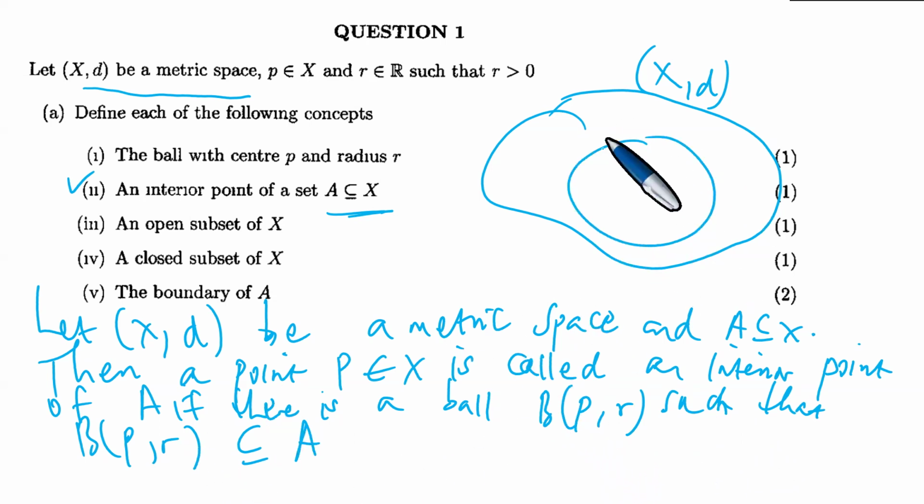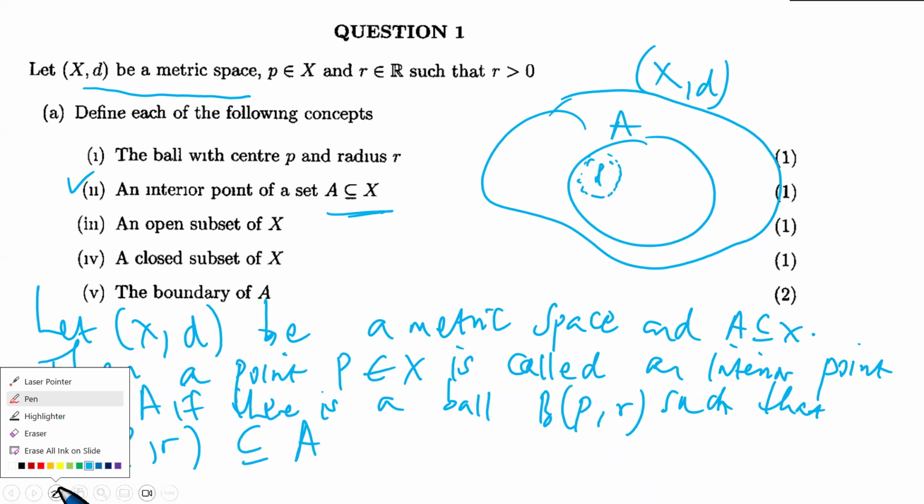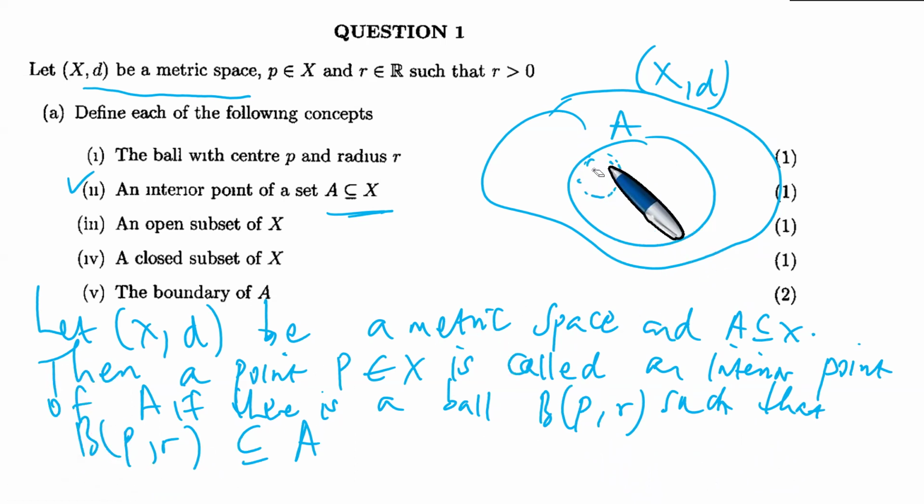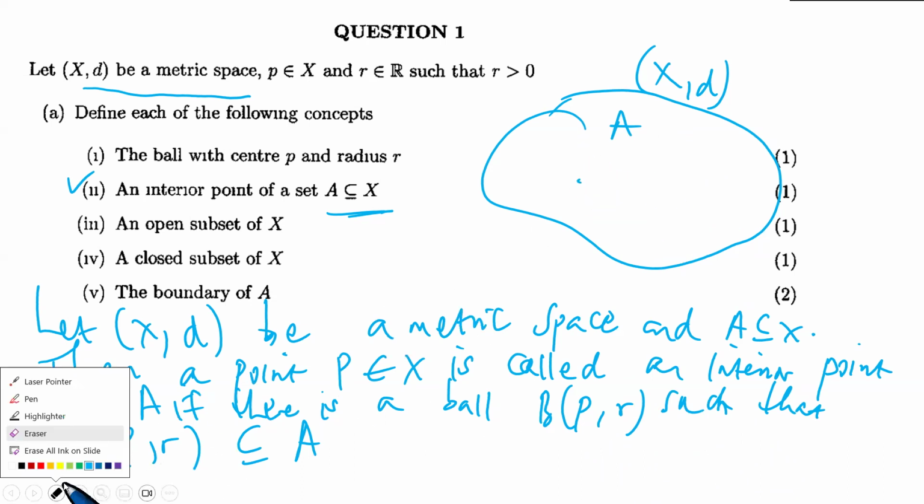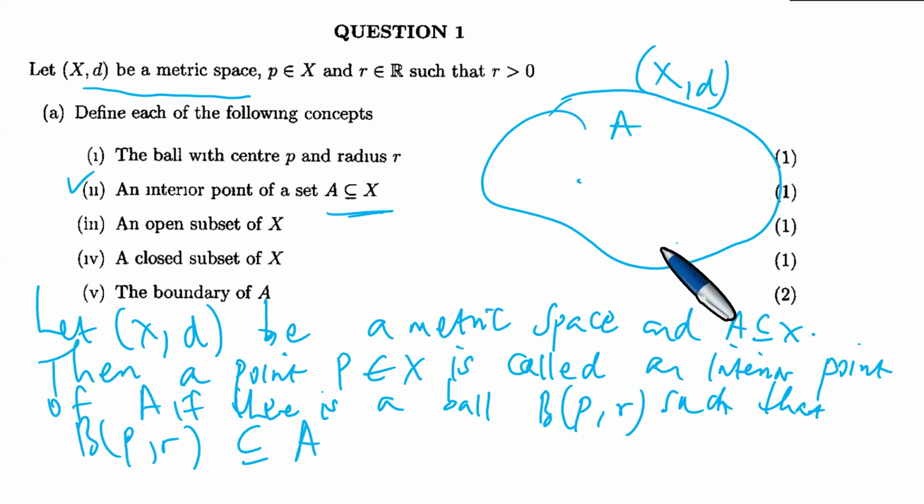So you have A, and there's this ball, and it's open, and therefore it would follow that this ball here is of center P and radius R, and this ball is entirely contained in the set A.